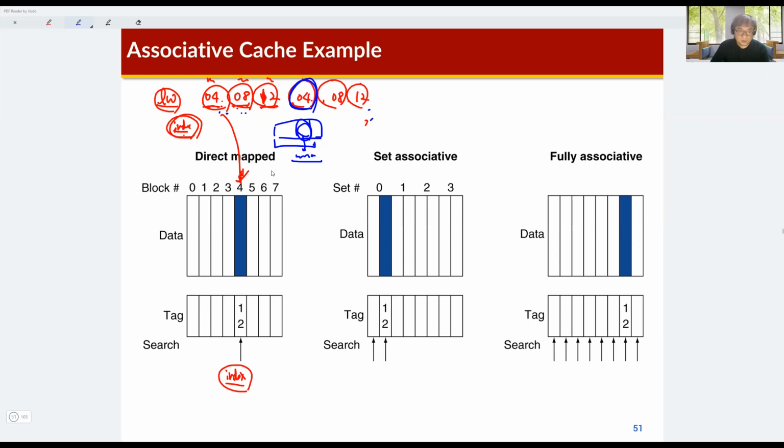This is the disadvantage of the direct mapped cache. But with the set associative cache, we can store up to n blocks in the same set, so we can avoid this case. We can fully avoid this case with the fully associative cache, but it is expensive because we need a number of comparators equal to the number of cache entries. Okay.